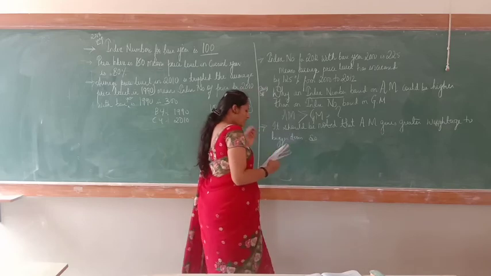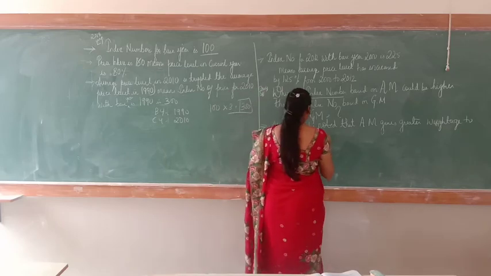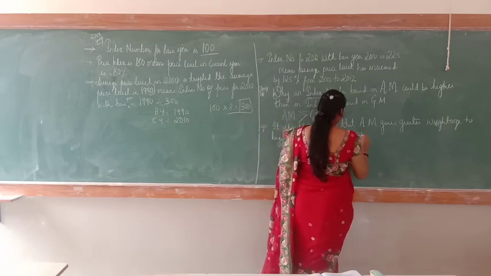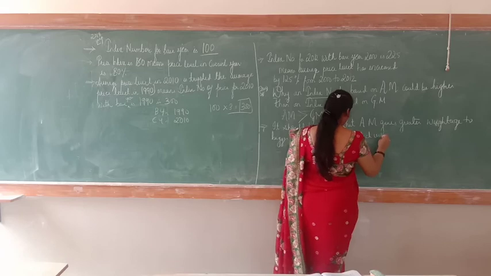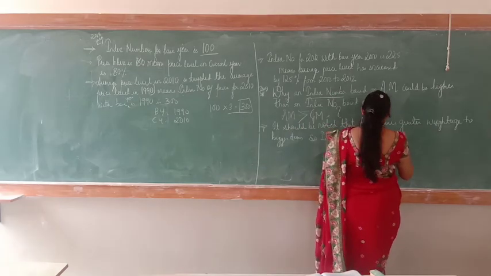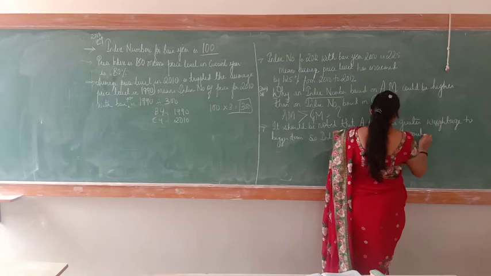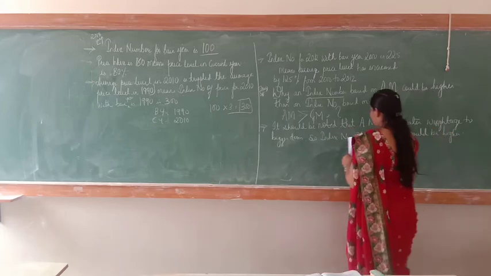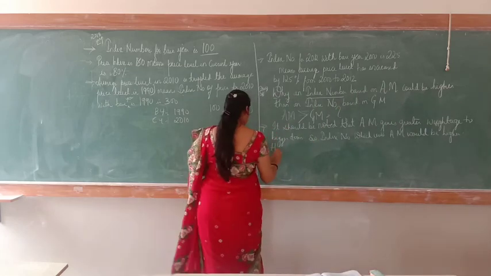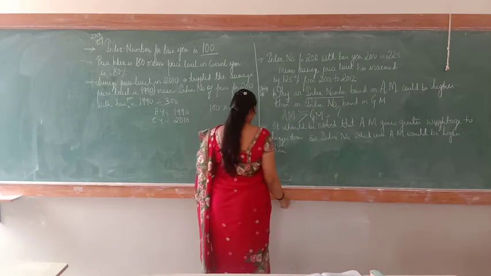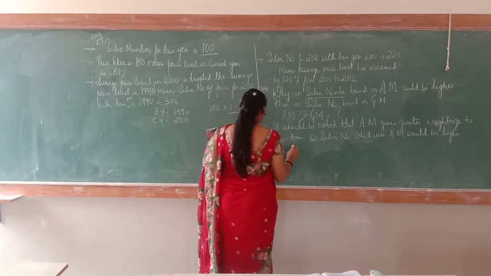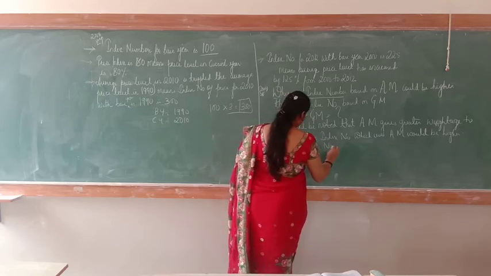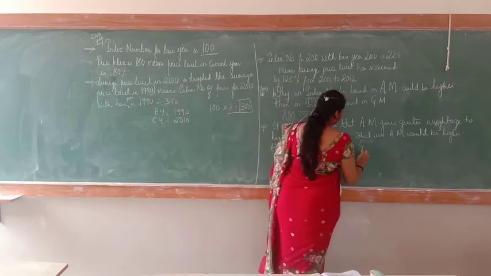So the index number which uses arithmetic mean would be higher than the index number using geometric mean.